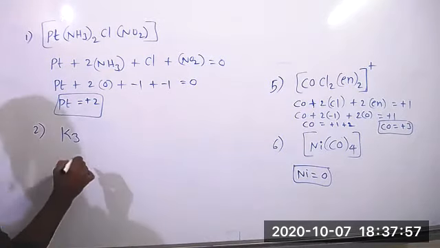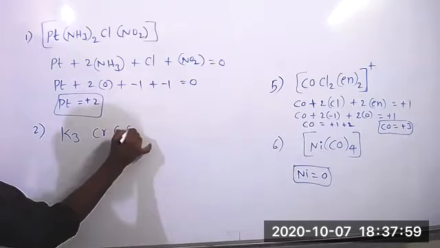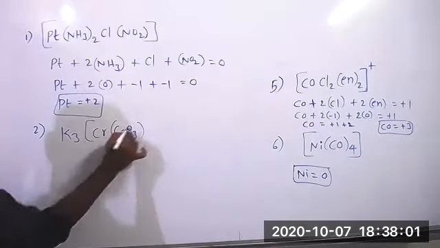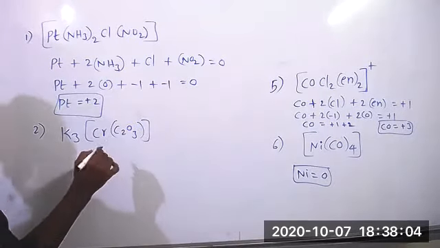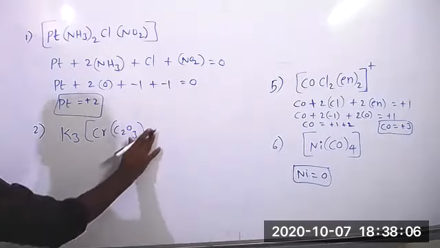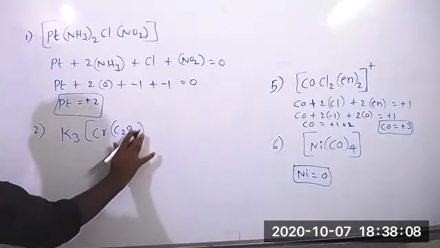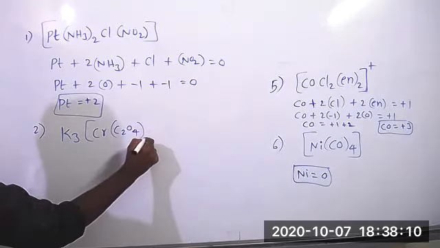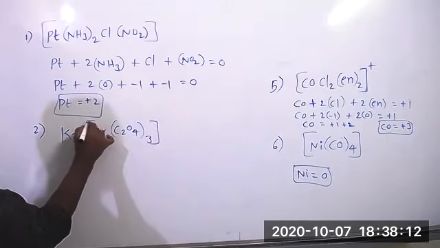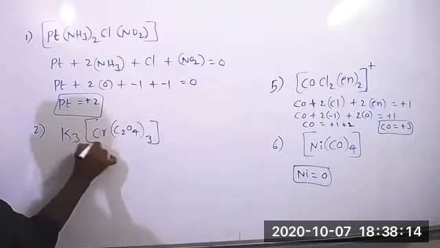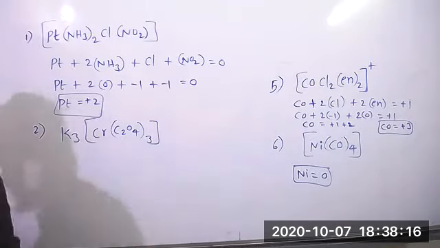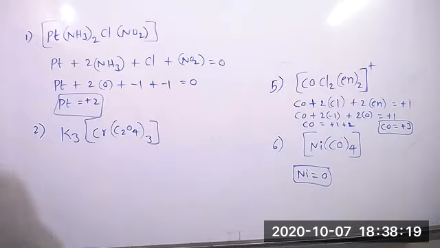K3[Cr(C2O4)3], sorry, C2O4 oxalate ion it is. Here thrice. Chirag.